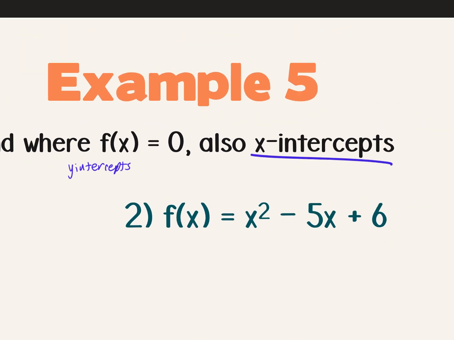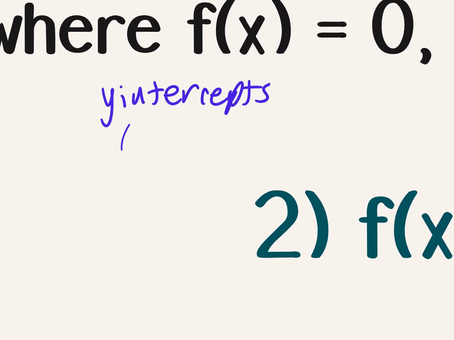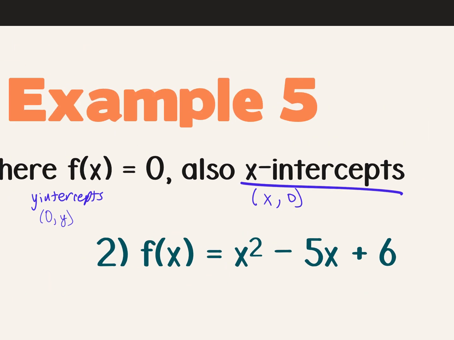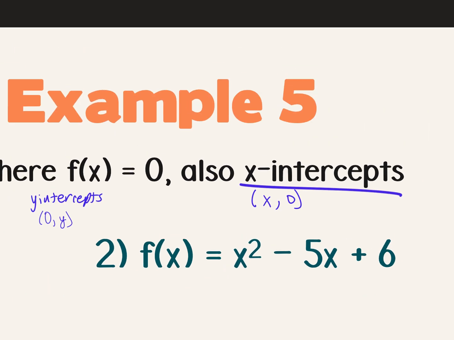How do you write intercepts? As random letters or ordered pairs? Ordered pairs. Your y-intercept is when I plug in 0 for x, what do I get out for y? How do you do your x-intercept? Plug in 0 for y, what do you get out as the x value? It's where the graph crosses the x and y axes.